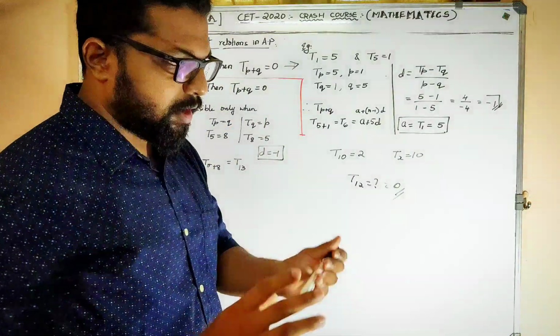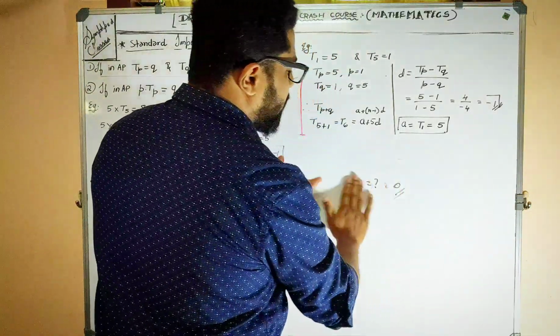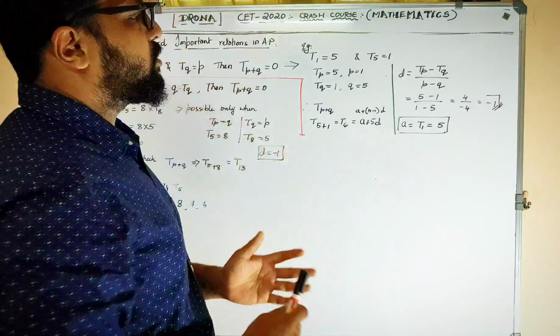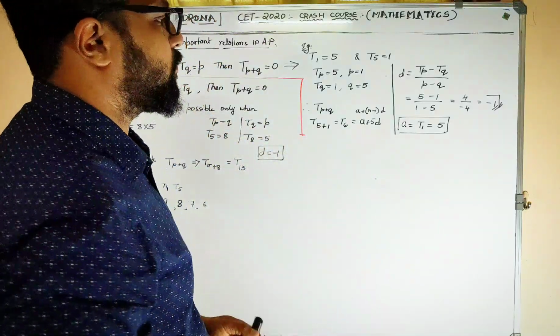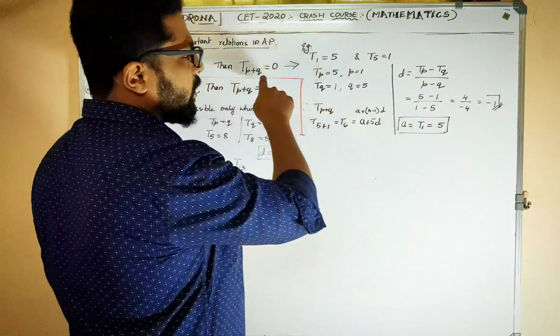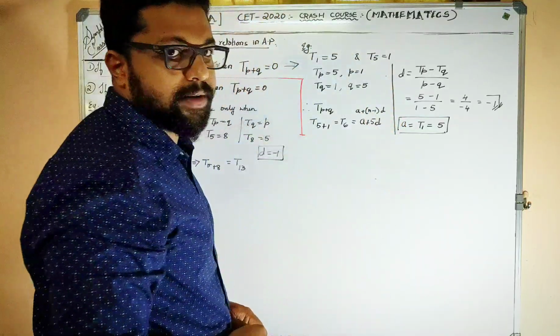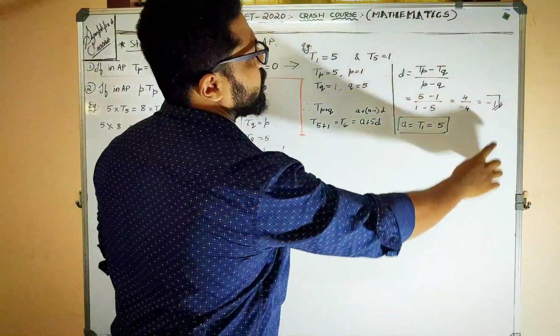Now I hope you all understood what the formula means. Let me tell you how to remember it even better, I mean how it is derived and how it is useful. The reason it is 0 is because the common difference D, you will get as -1.